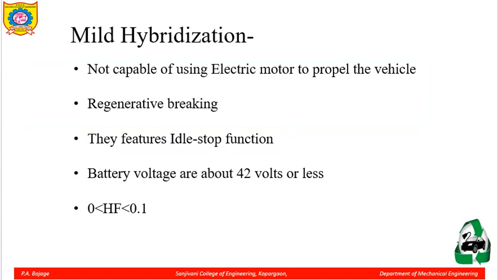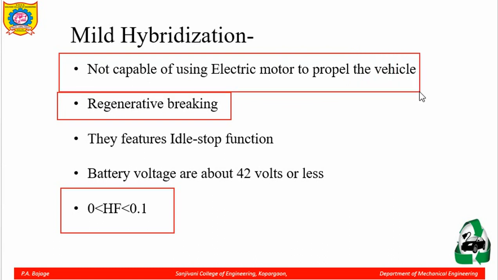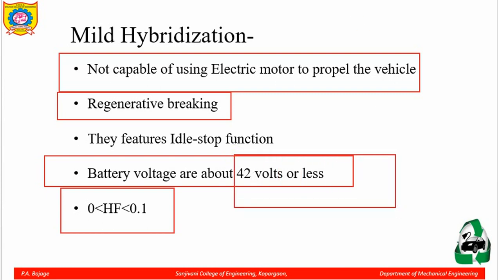Again, mild hybrid is 0 to 0.1. It is just regenerative braking that is present, not capable of electric motor propulsion. The motor is not that powerful to drive the vehicle, and the battery capacities are also 42 volts and less.